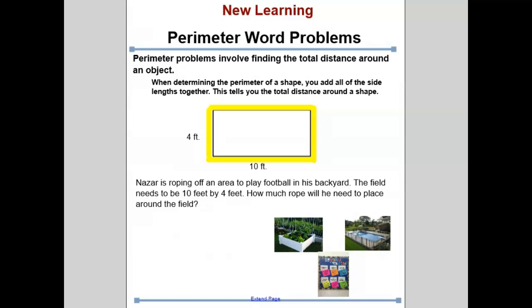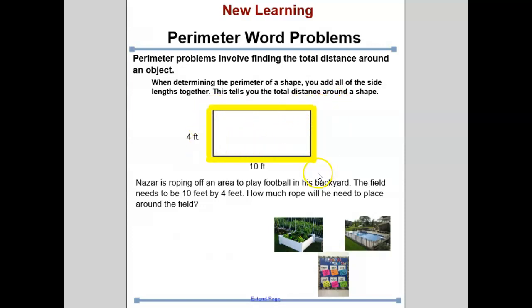Today, we are going to read word problems and determine whether they're area or perimeter word problems using key details. So, boys and girls, our new learning today is perimeter word problems and area word problems. Let's start with perimeter. Perimeter word problems involve finding the total distance around the outside edge of an object or shape.